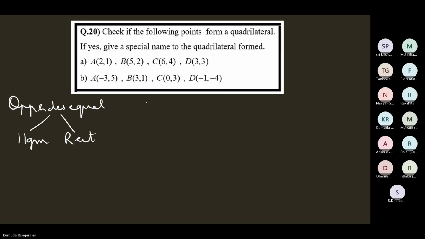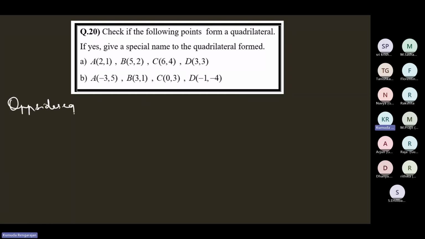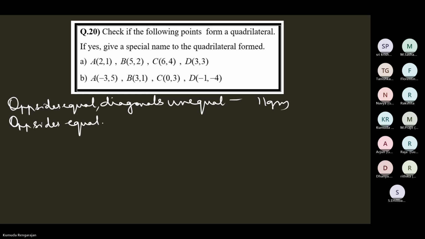But opposite sides equal, one minute, I'll just put everything in one. Opposite sides equal, diagonals unequal, it's a parallelogram. If opposite sides are equal, diagonals also equal, then it is a rectangle.